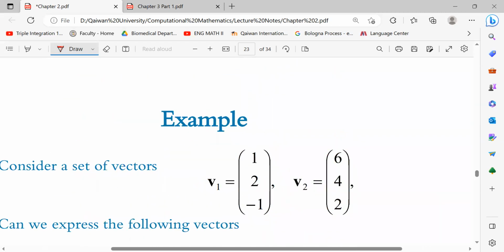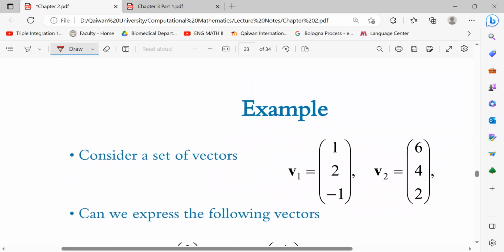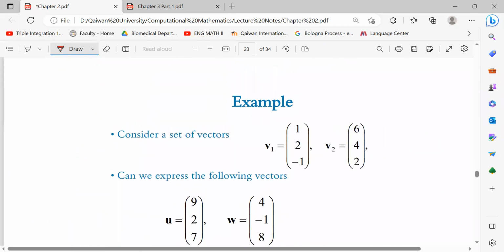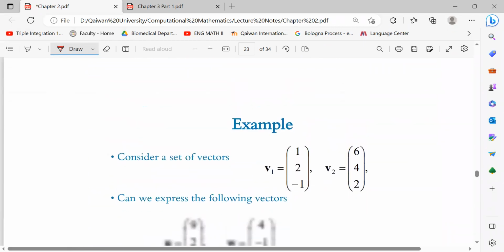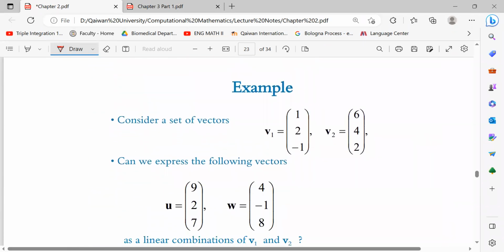Look at this example. It says, show that, can you express u as the linear combination of v1 and v2 or not?